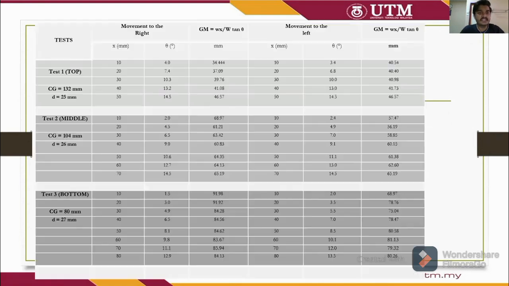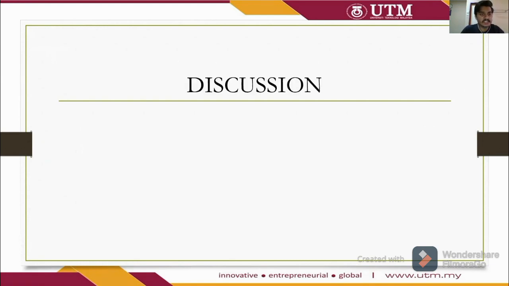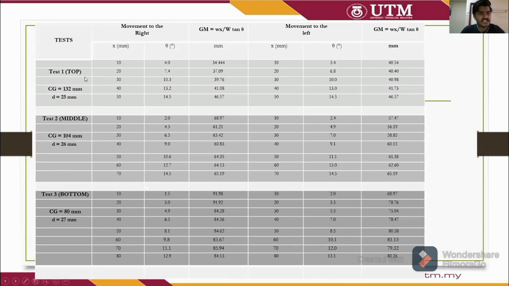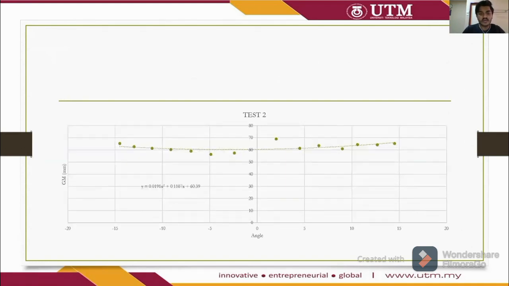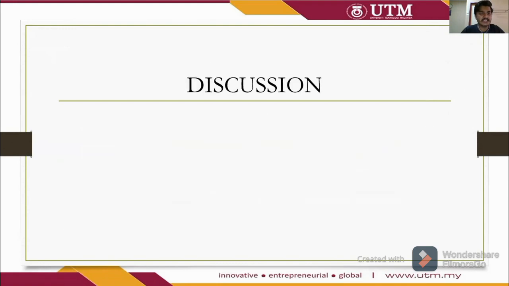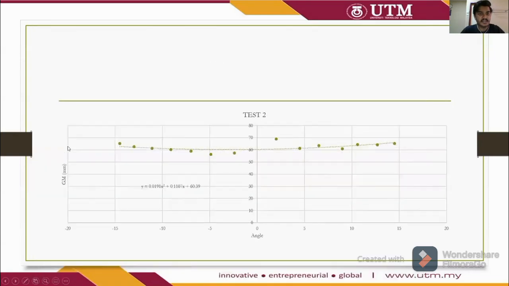Our first discussion will be on the graph of GM versus theta for each test. We can see that the first test, which is CG 132 mm and diameter 25 mm, has a curve. It is more curved compared to test 2, which has CG 104 mm and diameter 26 mm.